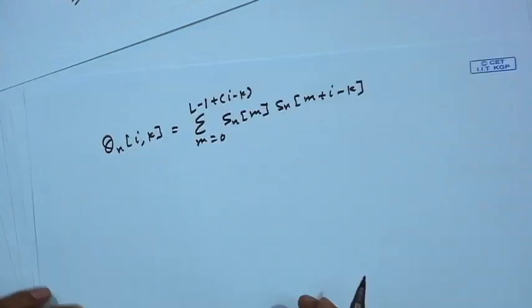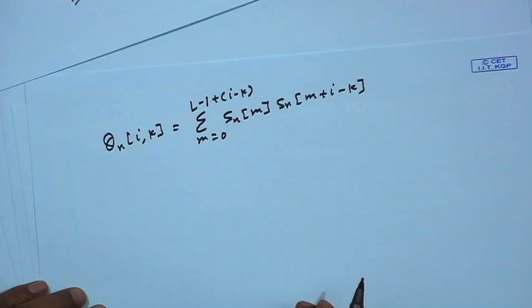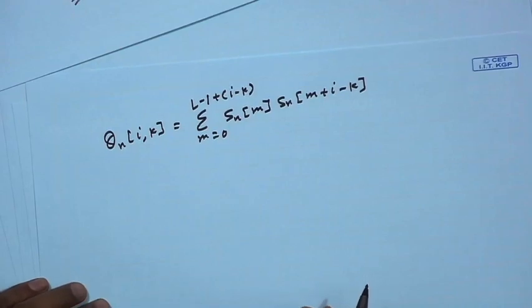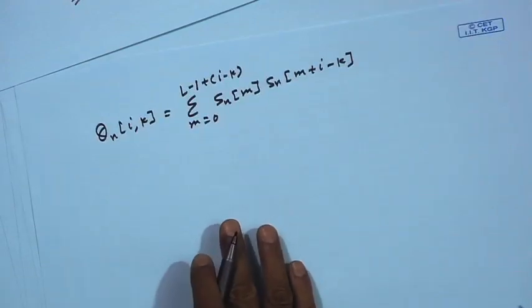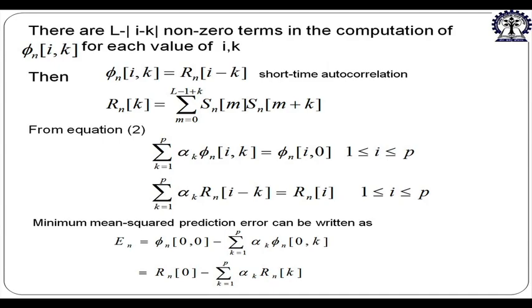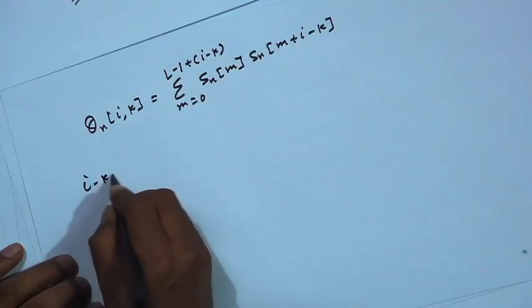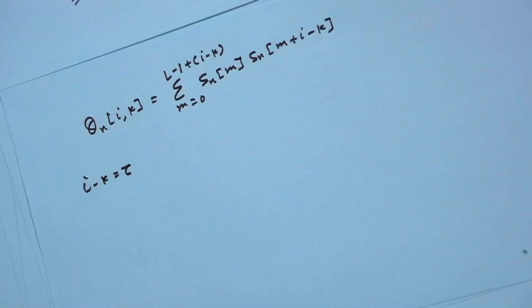I can rewrite this one. So, phi I k: if I say I minus k is equal to tau, let us take tau as a kind of time shift in samples.